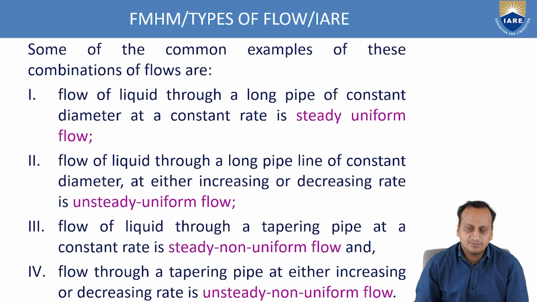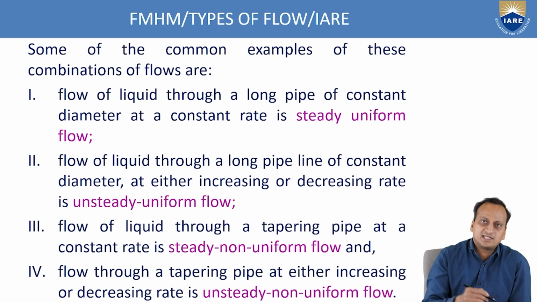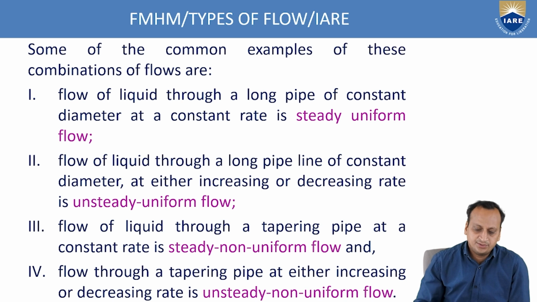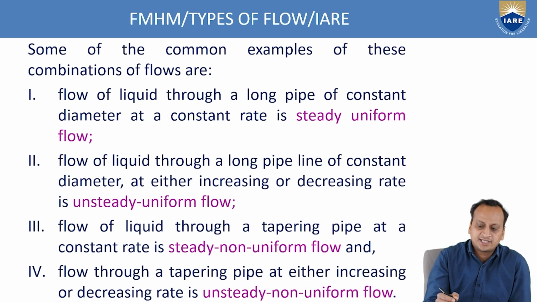By the examples, we can remember these four classifications: steady uniform, steady non-uniform, unsteady uniform, and unsteady non-uniform.